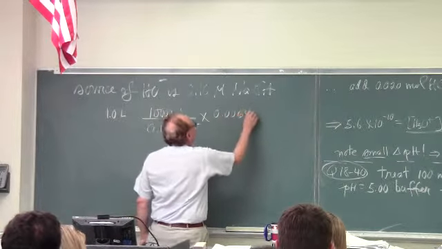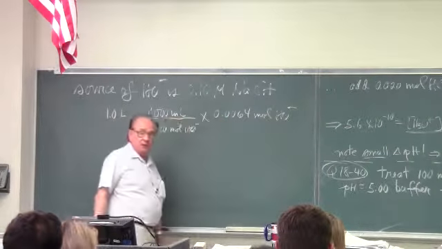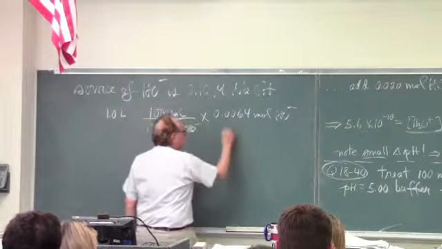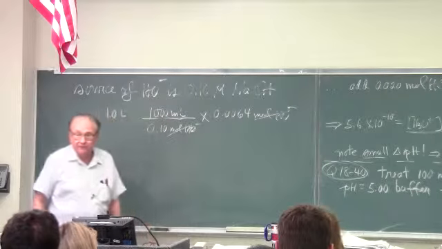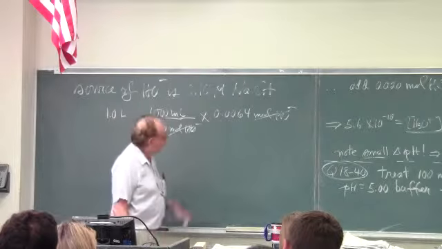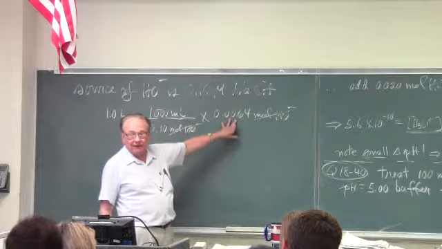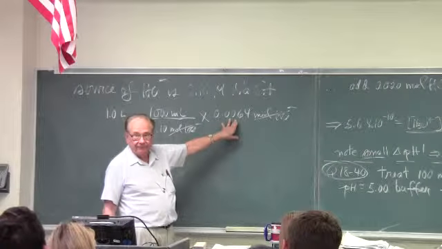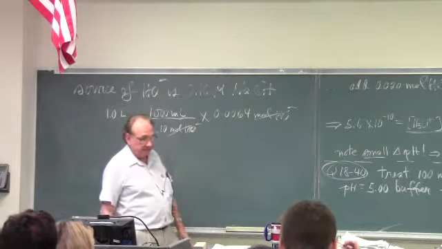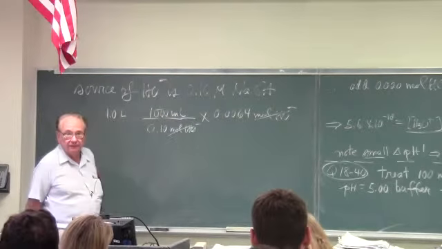If nothing else, you see by this multiplication, the only remaining unit is volume. That's what I want. And the setup which I created is on the basis of this is how many moles of hydroxide ion I got to get. So now I do the arithmetic. Oh, that arithmetic looks really hard.